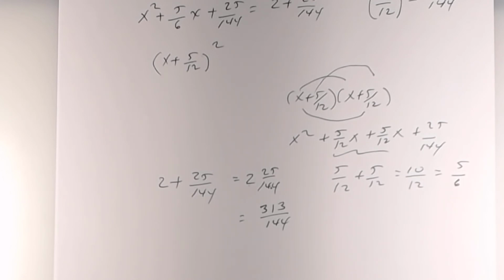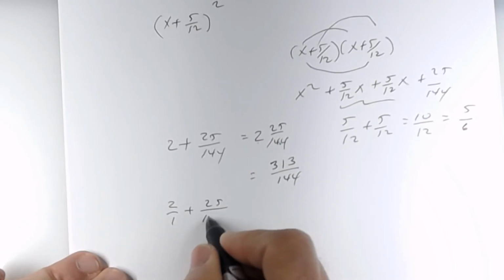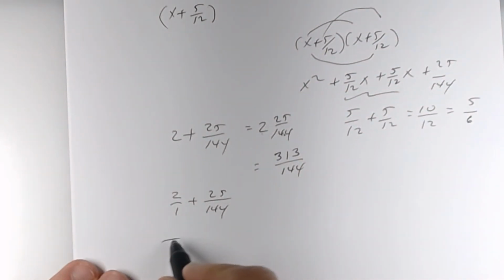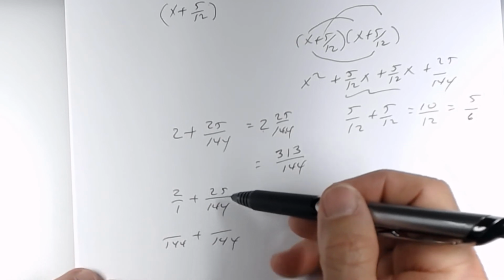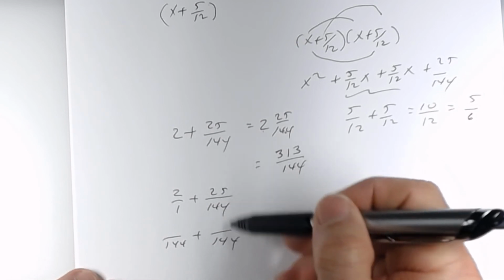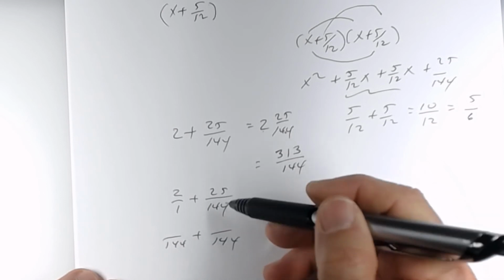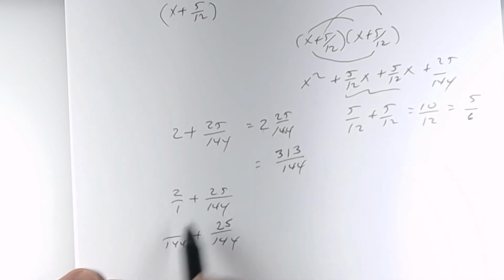Okay. The other way is to actually find the LCD. But you need to rewrite that 2 as 2 divided by 1. Okay, what's the LCD? 144. All right, now the next step is to write equivalent fractions. These fractions here that I'm pointing to already have the same denominator, so the numerators have to be the same. Now let's talk about this one.